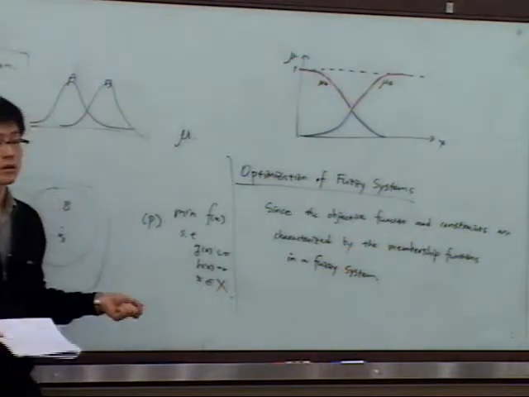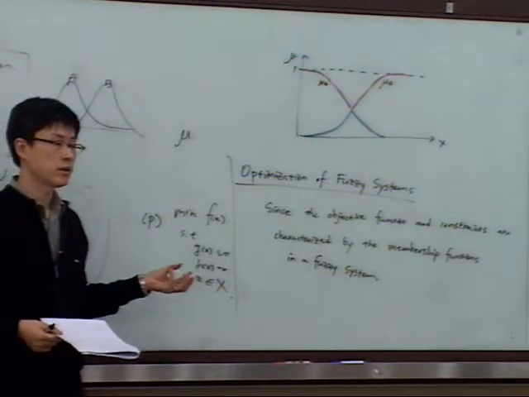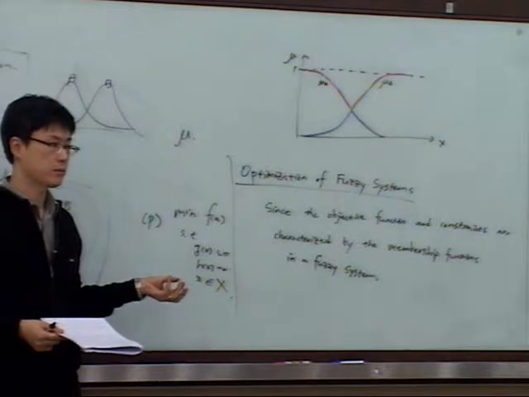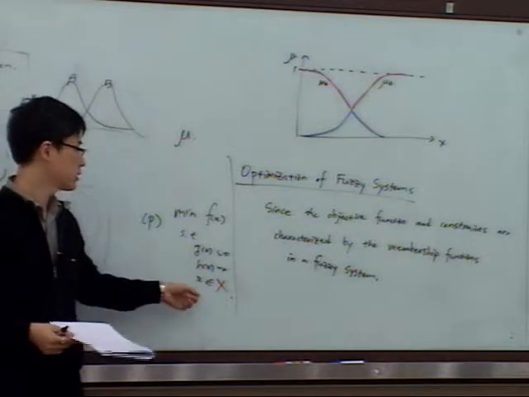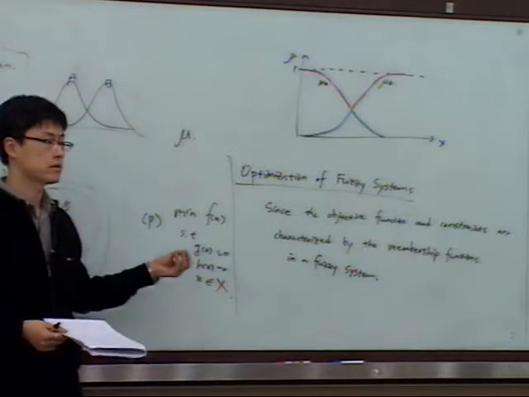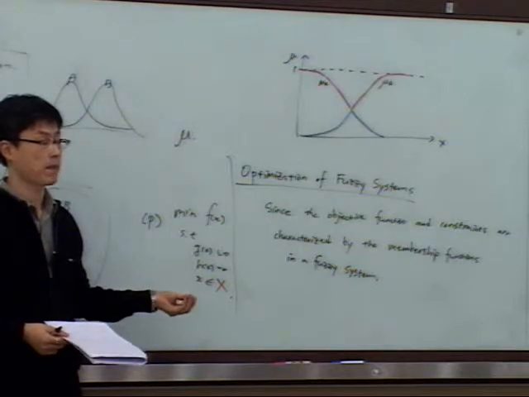in conventional optimization, we got to know what the design variable is. In this case, X. X represents the design. Okay?